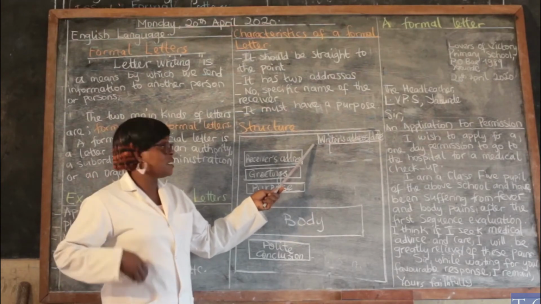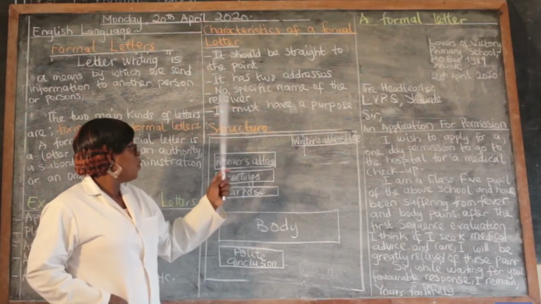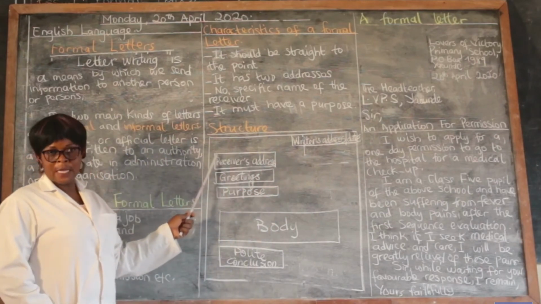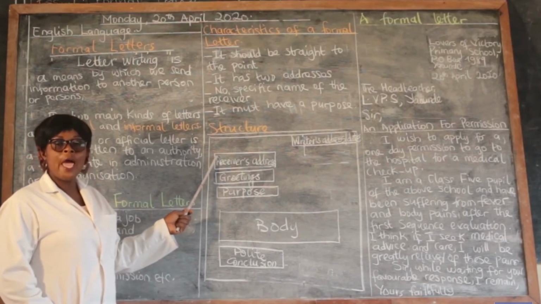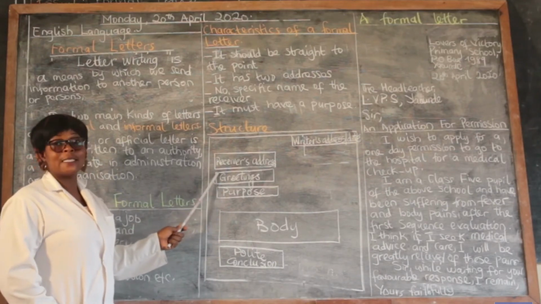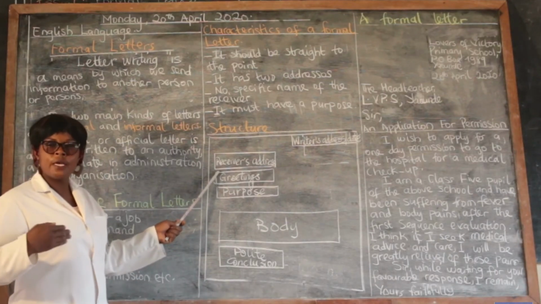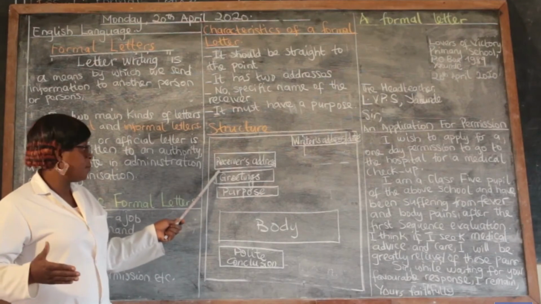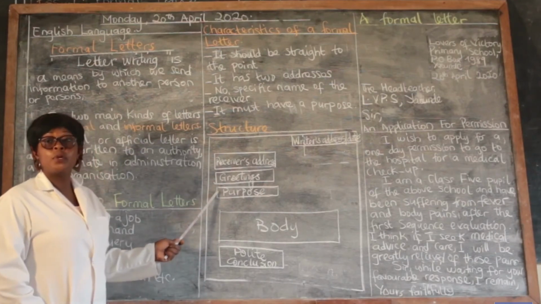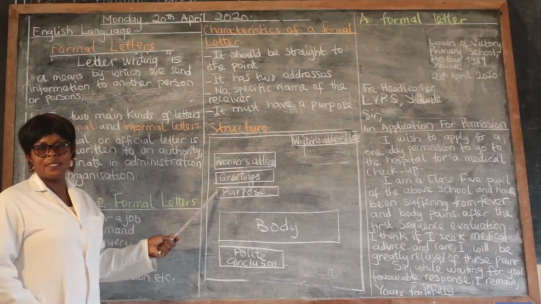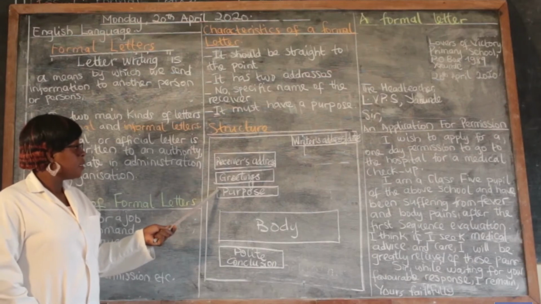The writer's address is found on the right-hand top corner of your paper, followed by the receiver's address, the left-hand corner of the paper. From there, you move on to the greetings. When you want to greet, you can just say, dear sir, dear madam. Next, on the letter, you have the purpose of writing. Why are you writing this letter? That should be your title of the letter.